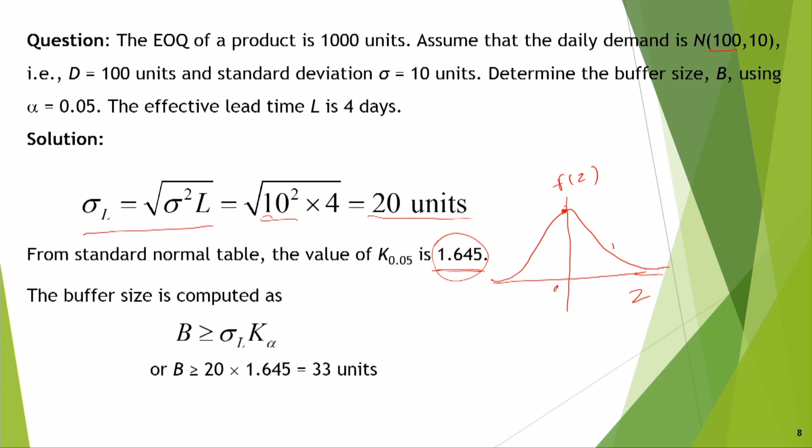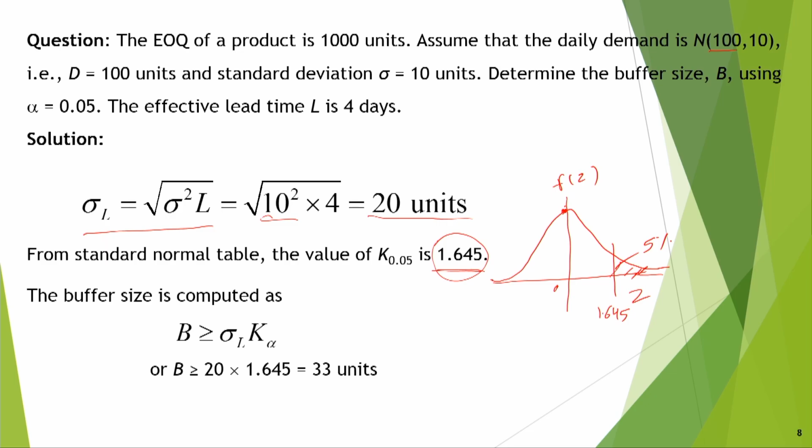If I put the 1.645 value, with standard deviation 1, that is 1.645 times the standard deviation, then this tail area will be only 5% of the total area. That's why the standard normal table gives the value of K 0.05 as 1.64.